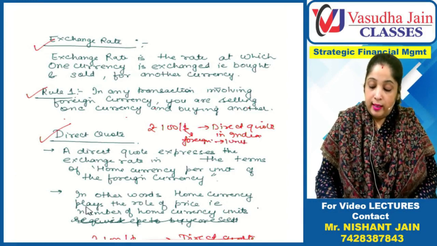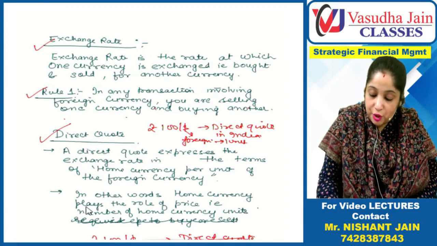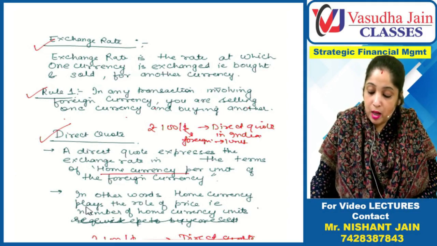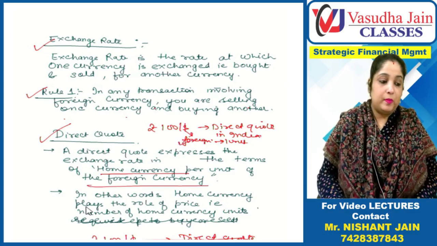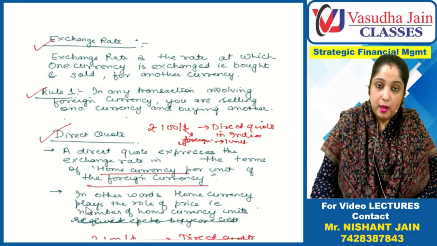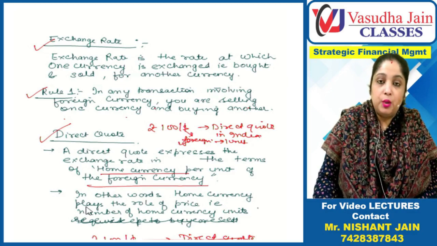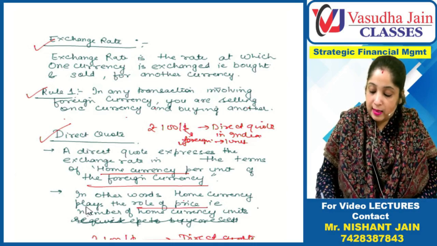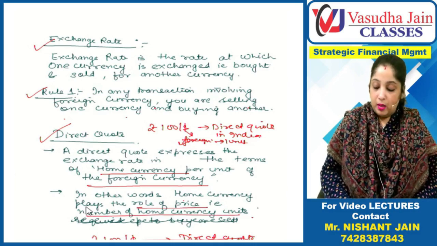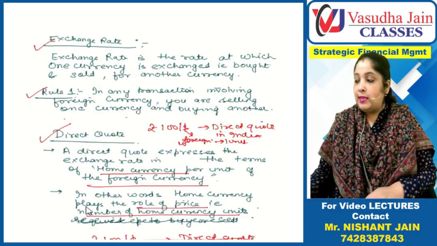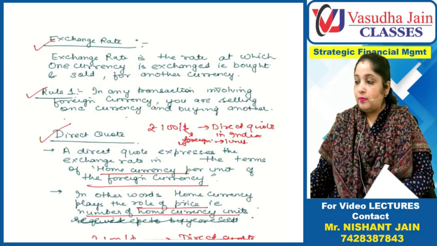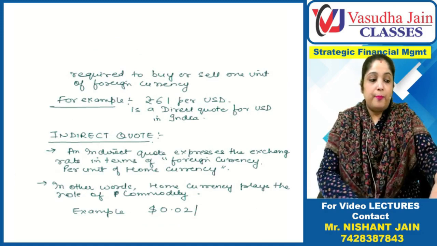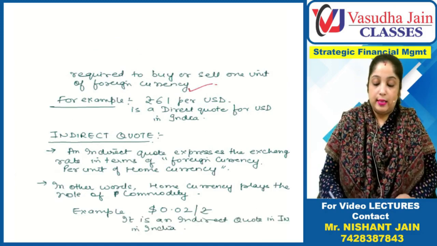Same thing here it is written, direct quote expresses the exchange rate in terms of home currency per unit of foreign currency. In other words, home currency plays the role of price, that is number of home currency units per unit required to buy or sell 1 unit of the foreign currency.